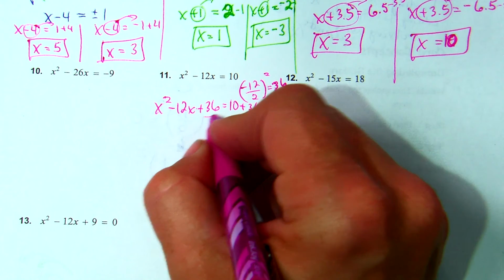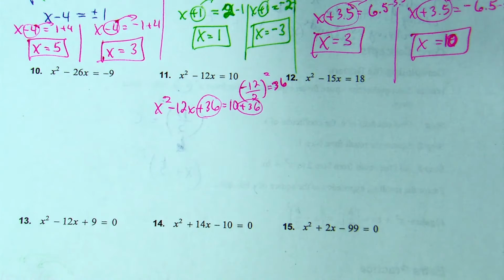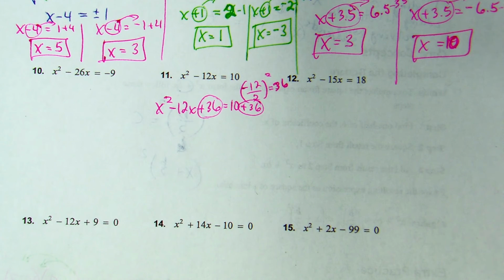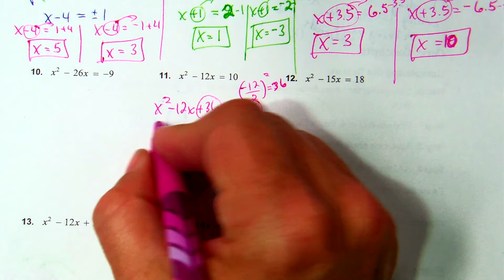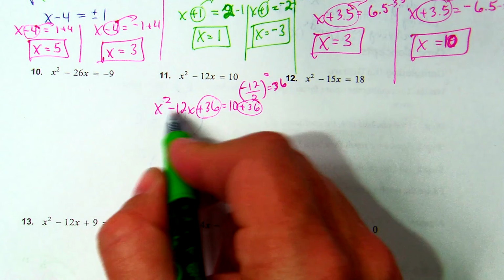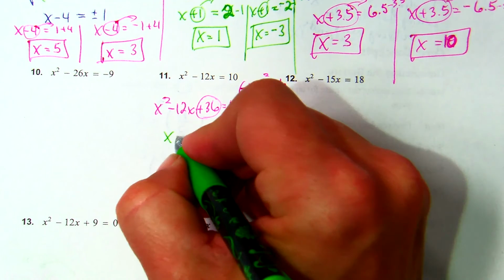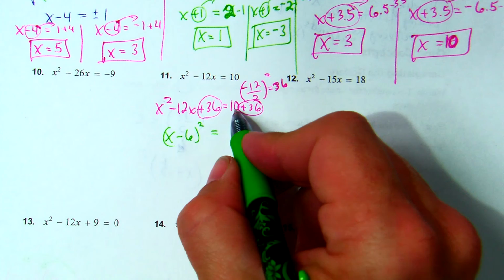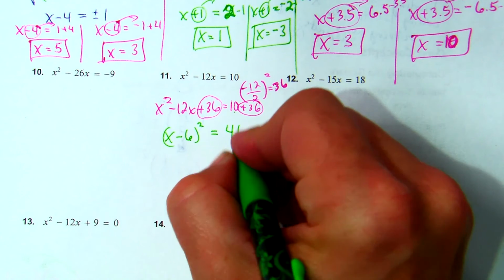Once again, I'm just adding that 36 term to both sides, which maintains equality there. My factored form of this side here, this completed square here, is now going to be x minus 6 squared. That's going to equal 10 plus 36, which is 46.